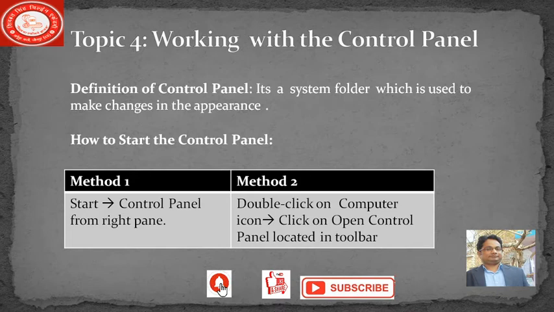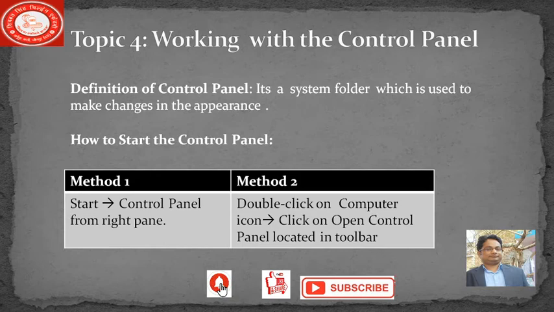First you double click on the computer icon, and after clicking, see the toolbar. In the toolbar you will get the option open control panel. Click on it, and you will have the control panel interface. I will give you the practical demonstration of the same in the later slides. So let's have the next slide.